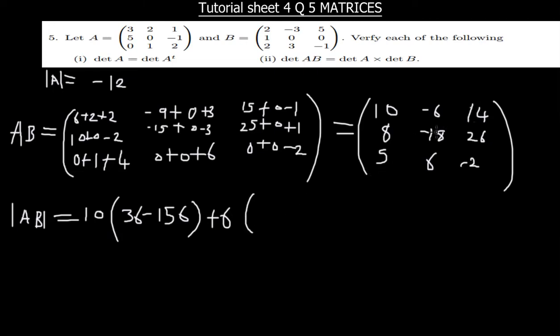The minor for this 6, we are cancelling this line here and this line. Then what we are going to remain with here is the minor for 6. So we have 8, 5, 26, negative 2. So 8 times negative 2, you get your negative 16. Then minus 5 times 26, you get your 130.